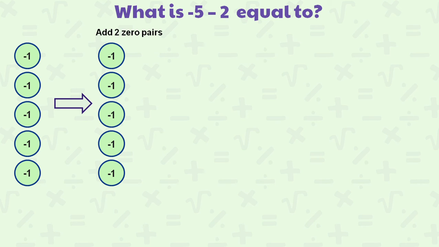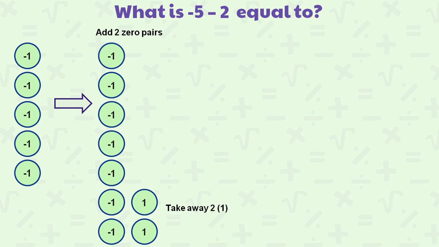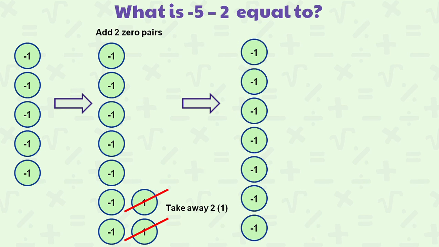And then you need to take away 2 ones. It becomes negative 7. 1, 2, 3, 4, 5, 6, 7. So negative 5 minus 2 is equal to negative 7.